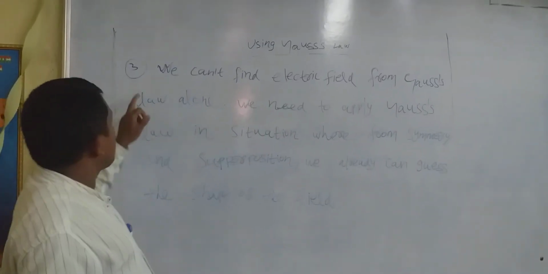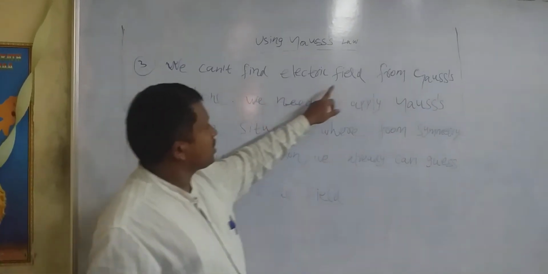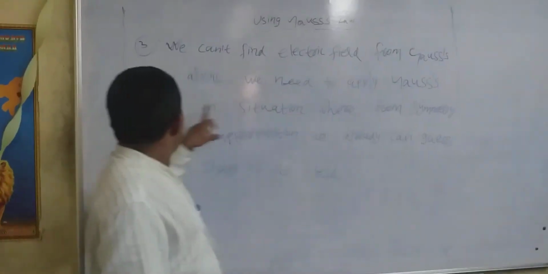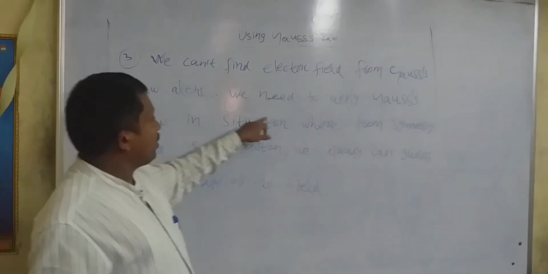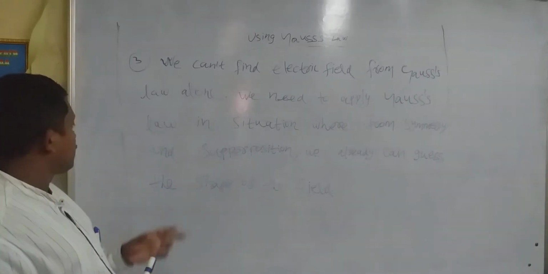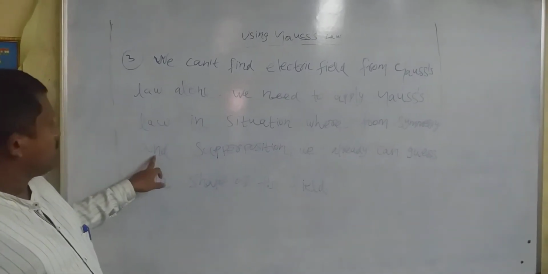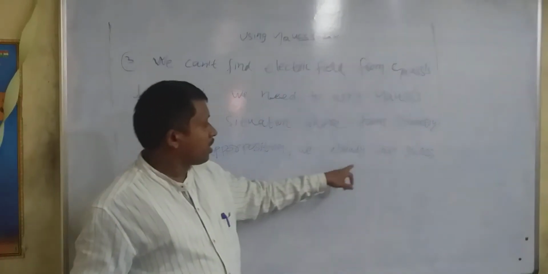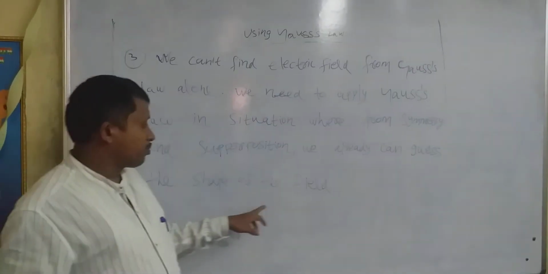The third point: we can't find the electric field from Gauss's law alone. We need to apply Gauss's law in situations where, from symmetry and superposition, we can already guess the shape of the field.